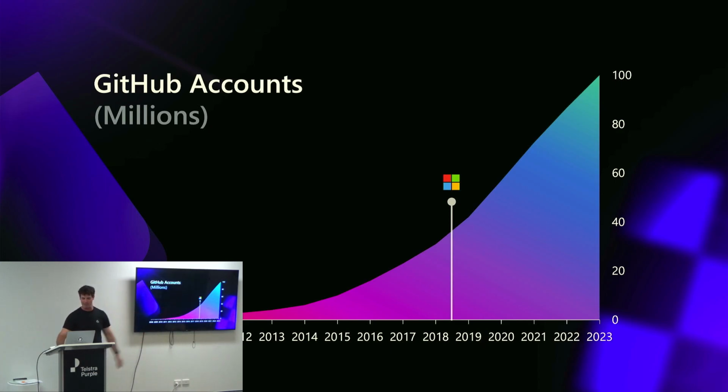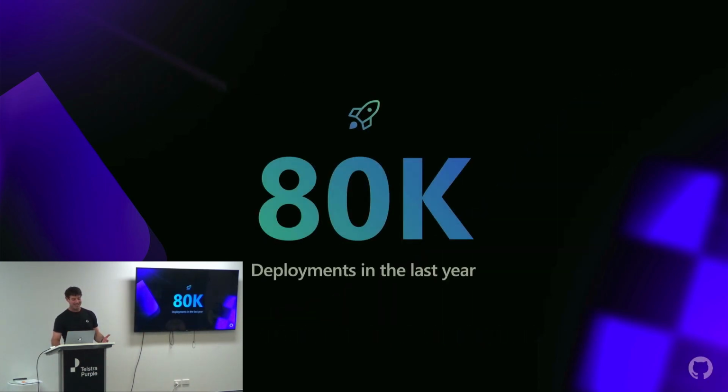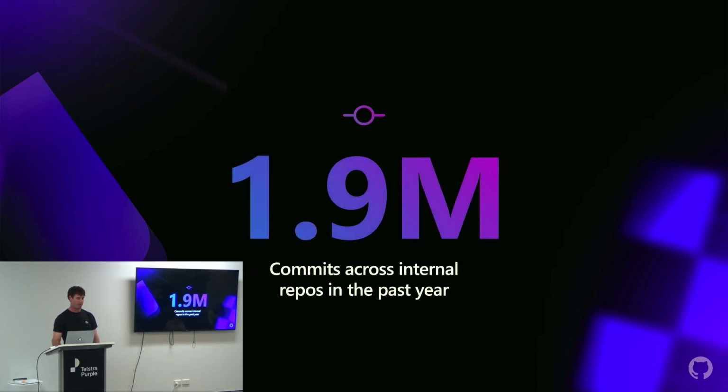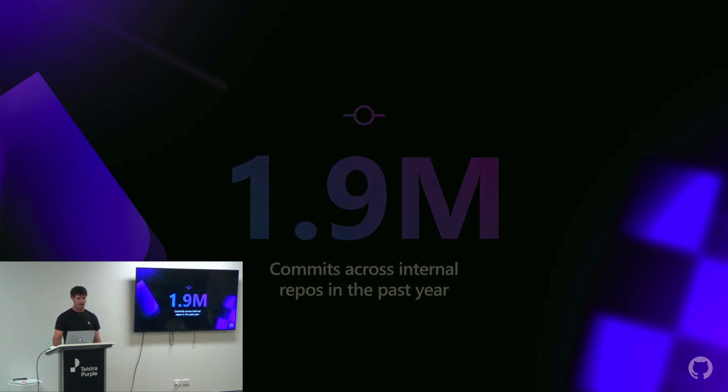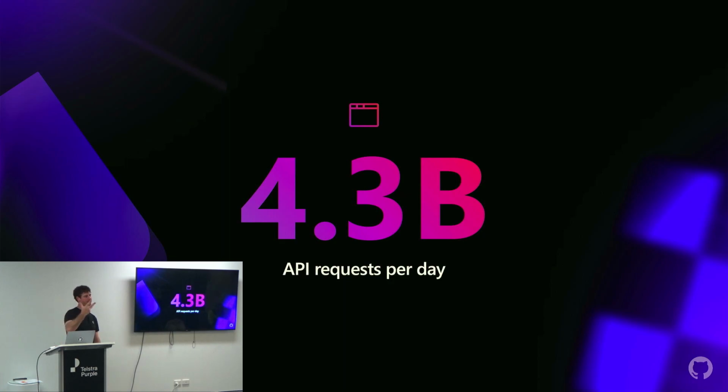I'm digressing. Anyway, so just to let you know how much we use it internally, we've done about 80,000 deployments in the last year. We have done about 1.9 million commits in the internal repos in the last year. And the way it works is we hit our APIs to get information out, and we've done like 4.3 billion of these per day.